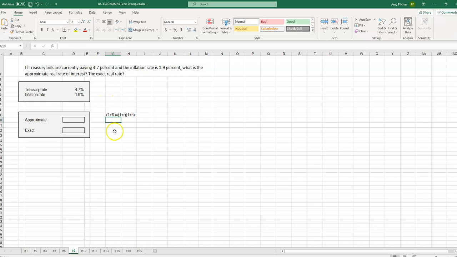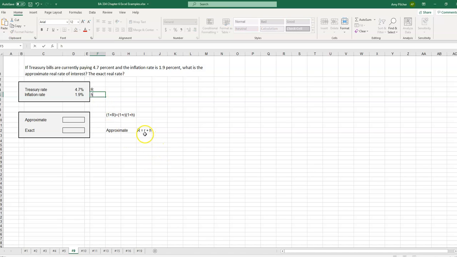The approximate real rate of interest is that R equals r plus h. So in this formula, we have 4.7, which is our large R, or our nominal rate of interest, and we have h, the inflation rate.